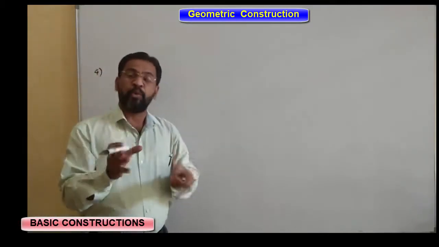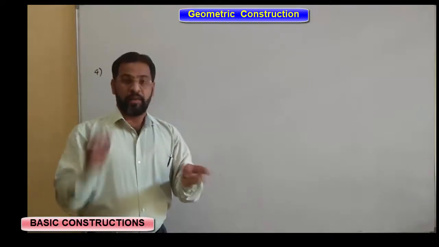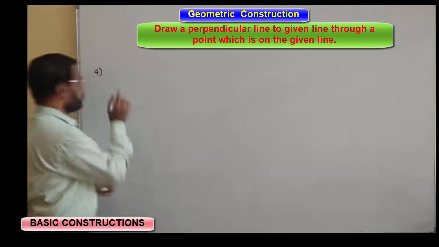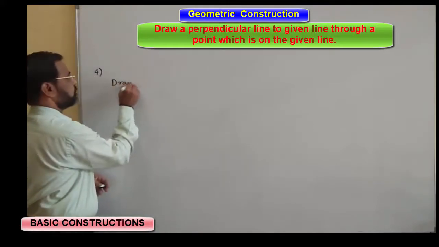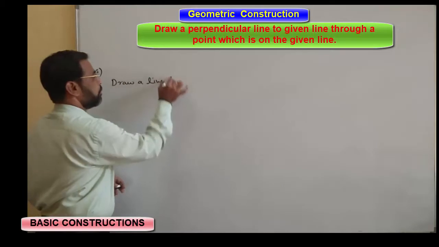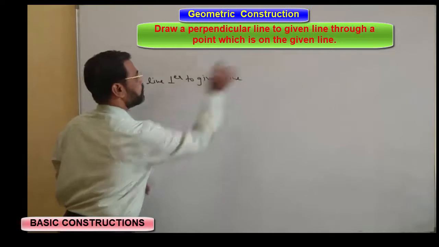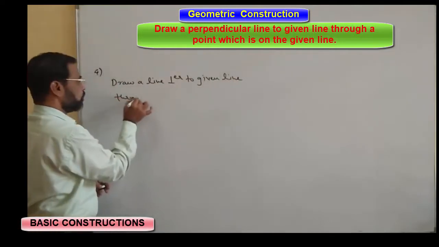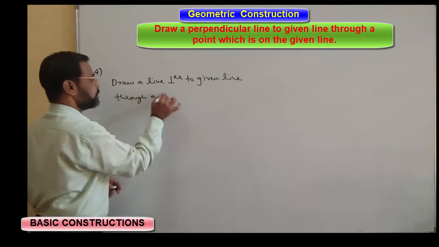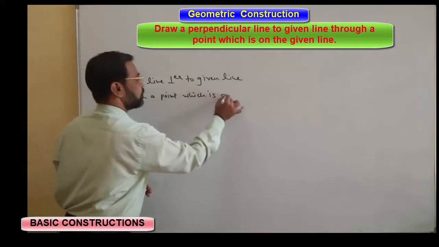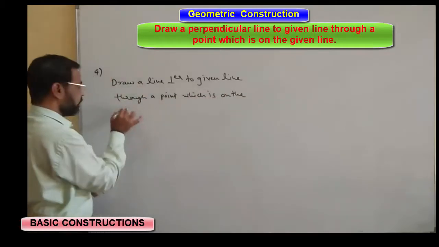Draw a perpendicular line to the given line through a point which is on the given line.